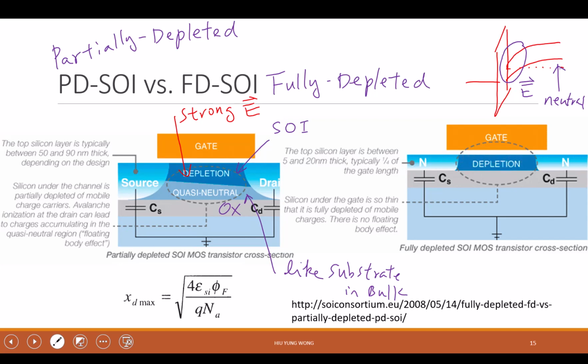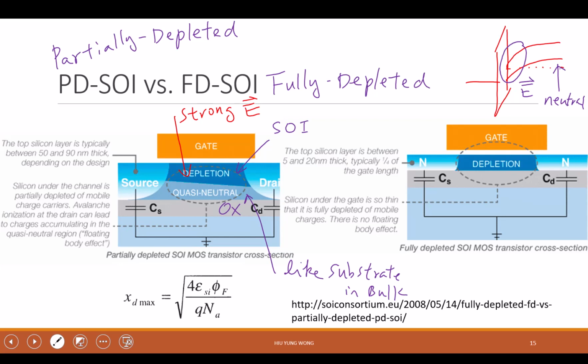So if you have a variation in this thickness throughout your wafer, your threshold voltage will have a big variation. Here you are more benign because again it depends on the depletion, but you have this neutral region, so even if you have a thickness variation, the effect on the threshold voltage will be much less, right? So they do have advantage.